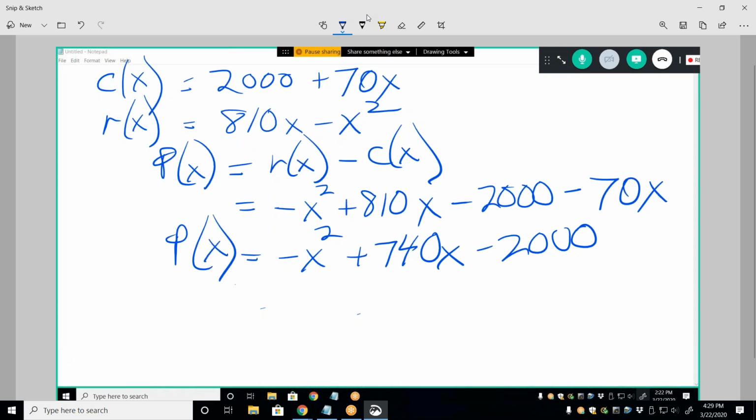That makes a lot more sense because I want something that looks like this, where I have a maximum profit. That's the P of X scale, and this is the X scale. I need to find this value right here. The only thing I can do immediately is find the X coordinate of the vertex. What is that?